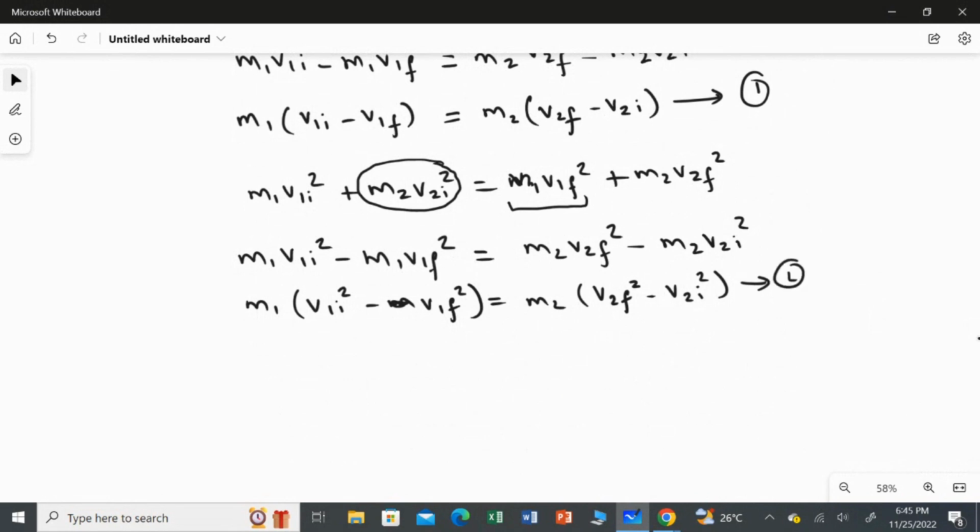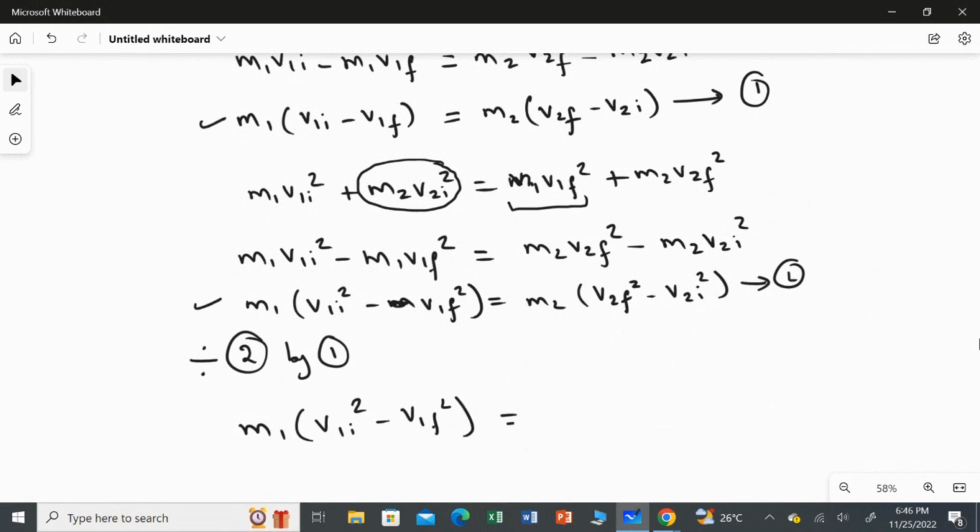Now I'm going to divide the second equation by the first equation. The second equation is here, the first equation is here, right? The second equation: m1 times v1 initial square minus v1 final square is equal to m2 times v2 final square minus v2 initial square.